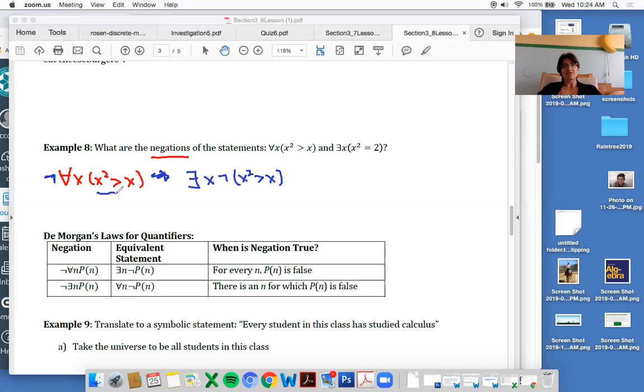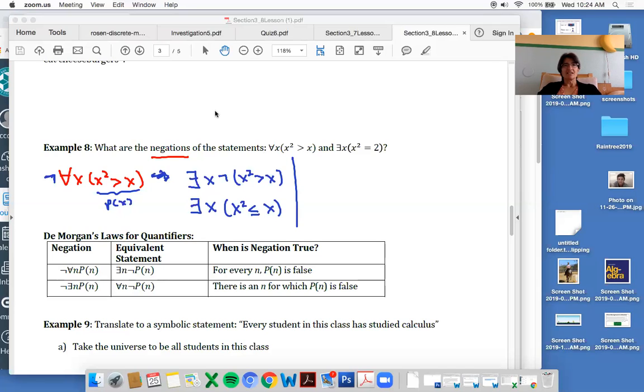And this right here is P of x. This is the proposition that we're interested in, okay? So the negation goes in front of the proposition. So this is saying there exists an x for which this is not true. So there exists an x for which x squared is actually less than or equal to x if I negate that inequality. Okay.